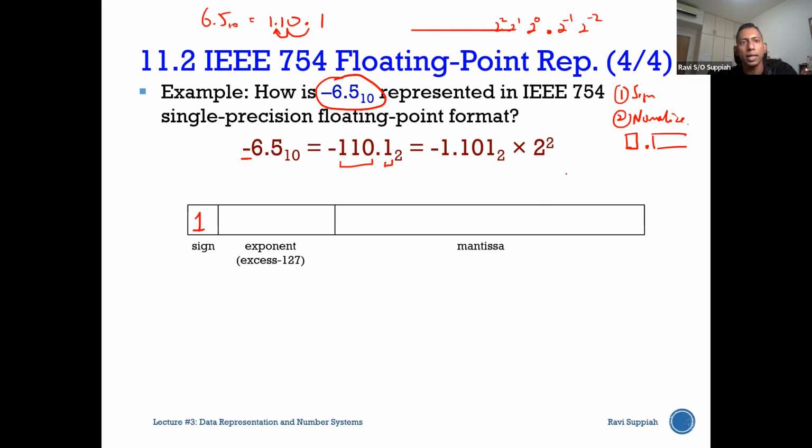It is the same as in your maths. If you imagine 6.5, when I shift in decimal, it is equivalent to 0.65 times 10 to the power of 1. So in maths we do the same shifting and you multiply by 10 to the power of something. Correct? And why is it 10?